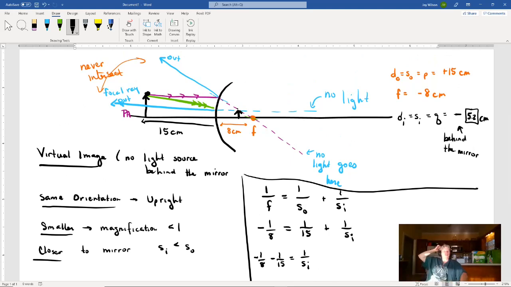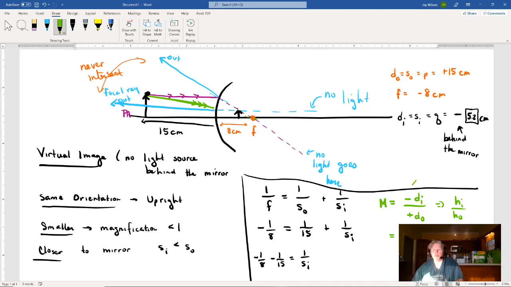And so, negative 5.2 centimeters behind the mirror. If we wanted to know how much bigger or smaller, we would do this. Magnification is negative DI over positive DO. A lot of my students say magnification is dido or hi-ho, because you could do image height over object height.